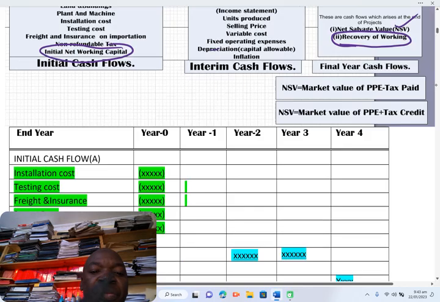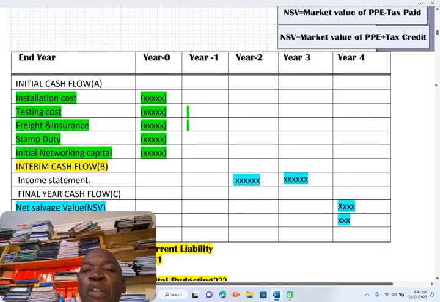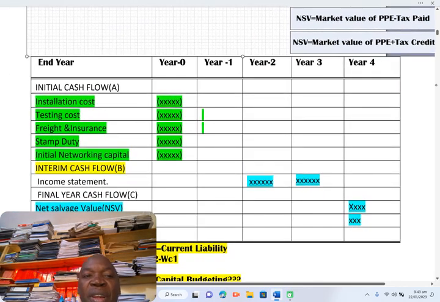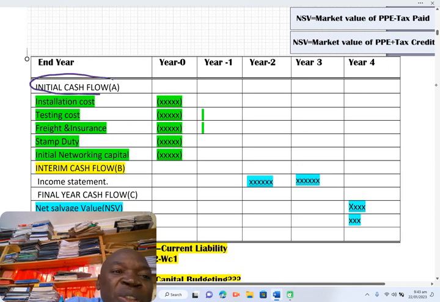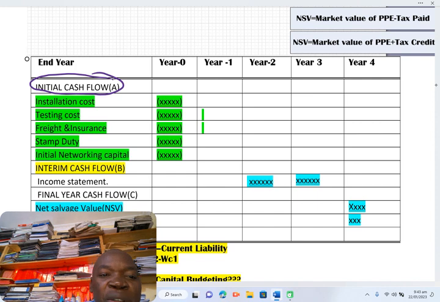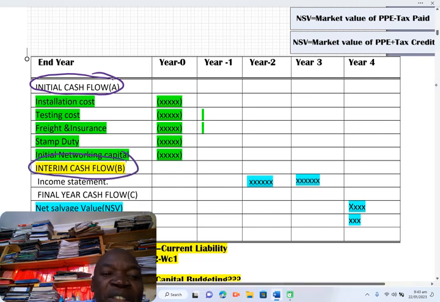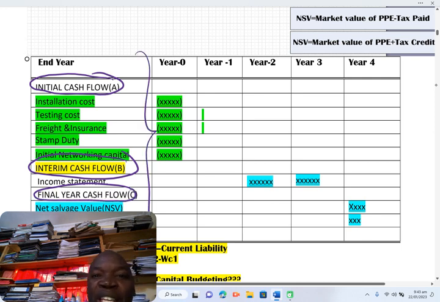So for the capital budgeting process, as I said, you classify cash flow into three categories: initial cash flow, interim cash flow, and final year cash flow. Then you establish where to locate them.